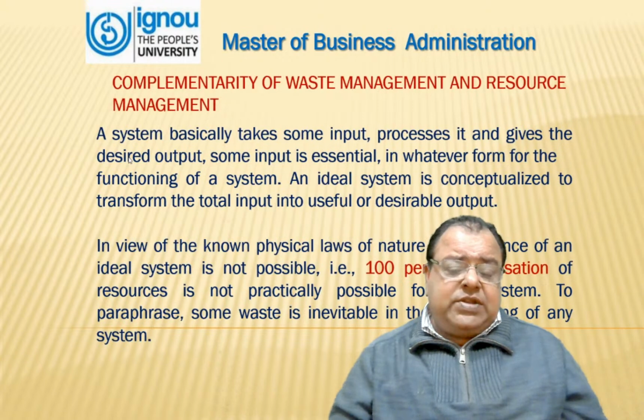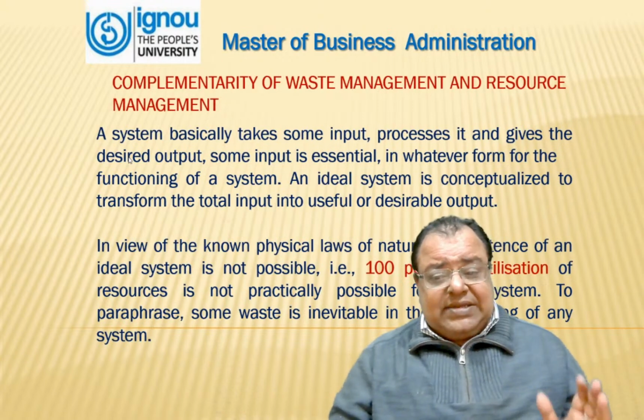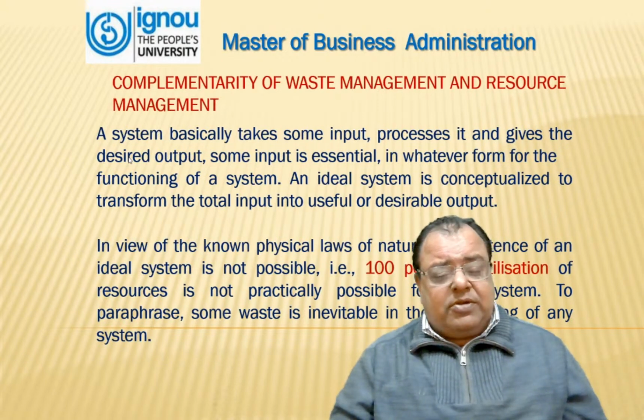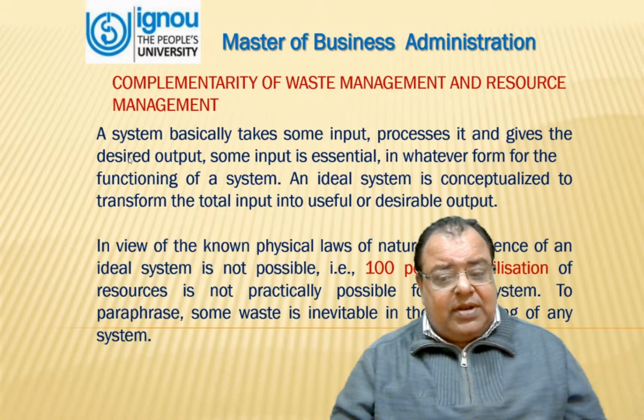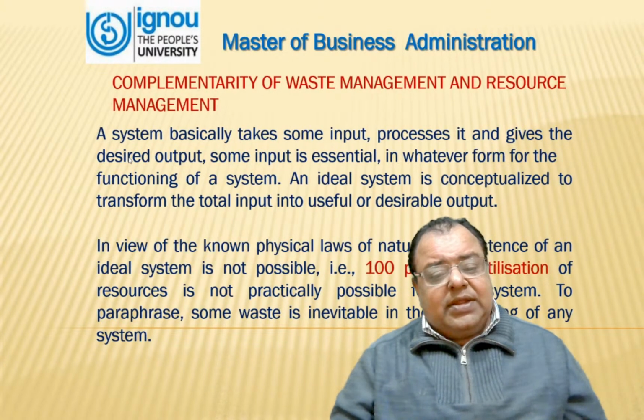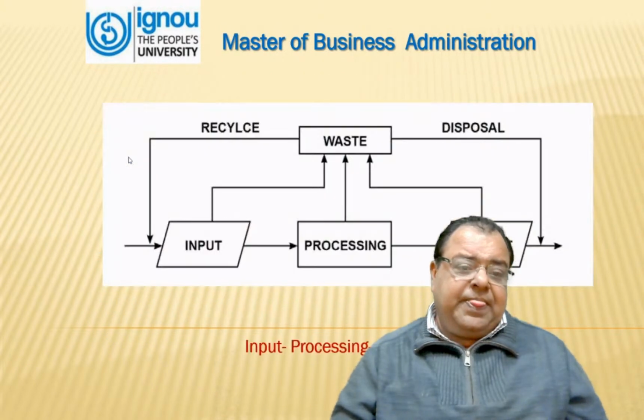In view of the known physical laws of nature, the existence of an ideal system is not possible. That is, 100% utilization of resources is not practically possible for any system. To paraphrase, some waste is inevitable in the functioning of the system.